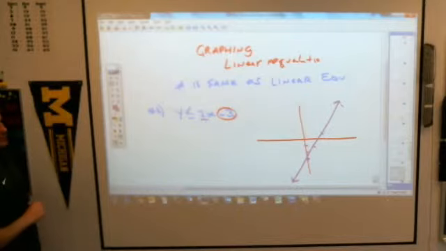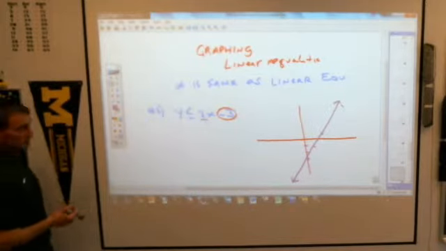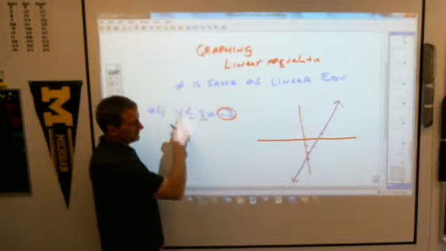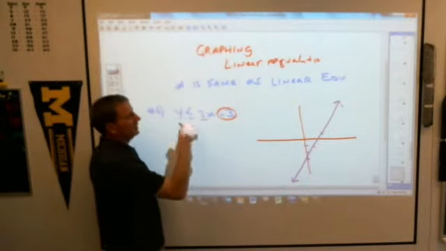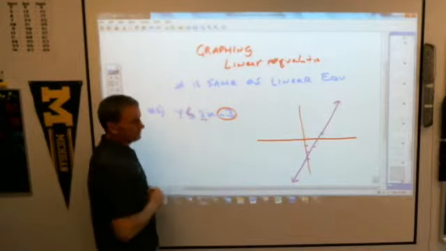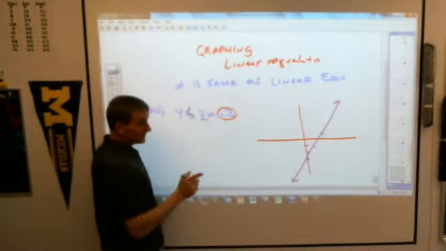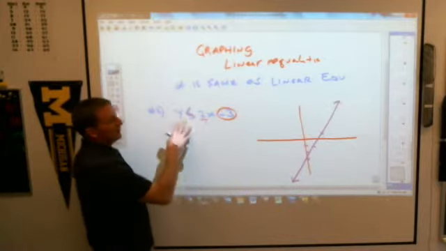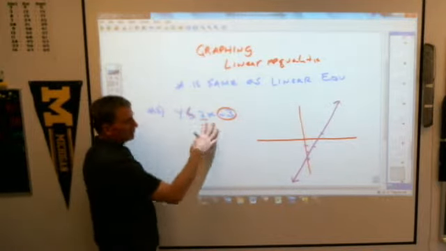Here's where we're going to pause, because this is where the wheels fall off for every other human being here. The difference is it isn't just y equals 2x minus 3. This part is y equals 2x minus 3, but this part says y is less than that. And that's very important, because all the values that are smaller than that are what you want.